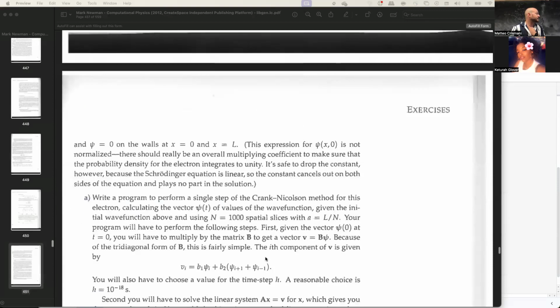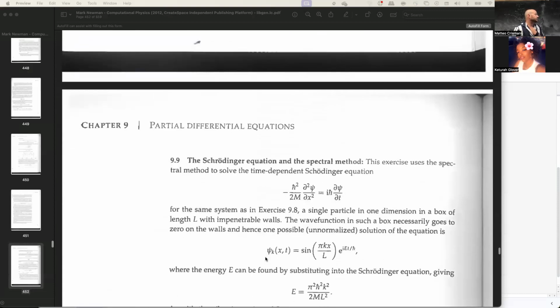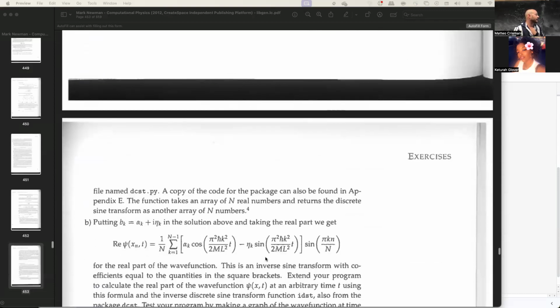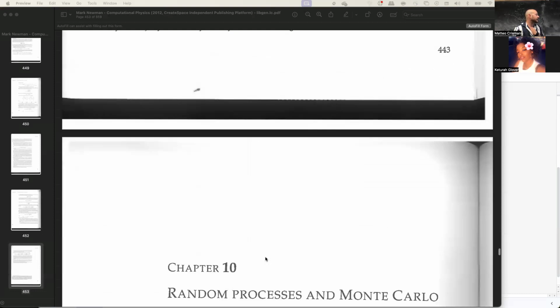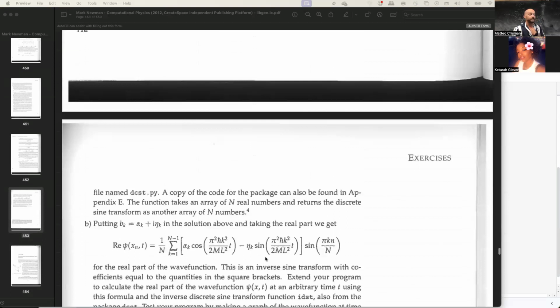Yeah, these are all the different types of problems that can be solved with these derivatives. Wave functions, Schrodinger equations, so that's quantum mechanics. Even when you get down to, I guess that's random processes. So if you look at the end of chapter 8, they talk more about the ODEs that can be solved. So that includes stuff like comets, orbits, stuff like that.